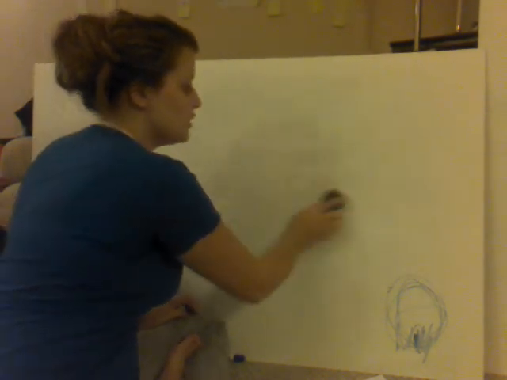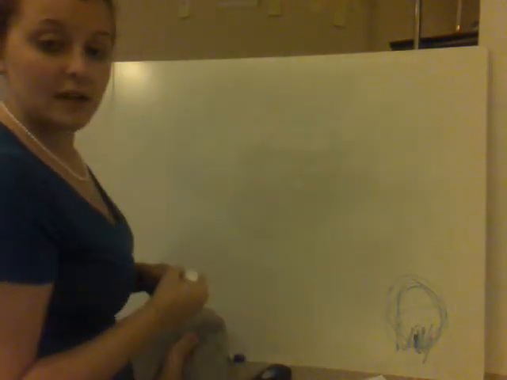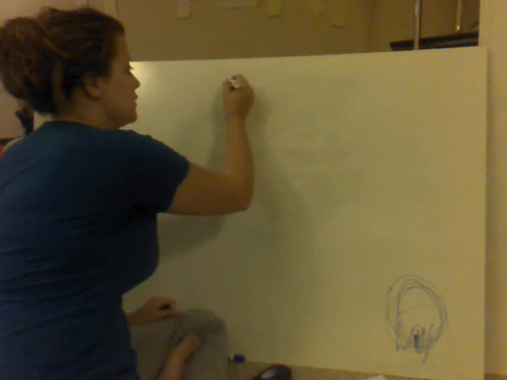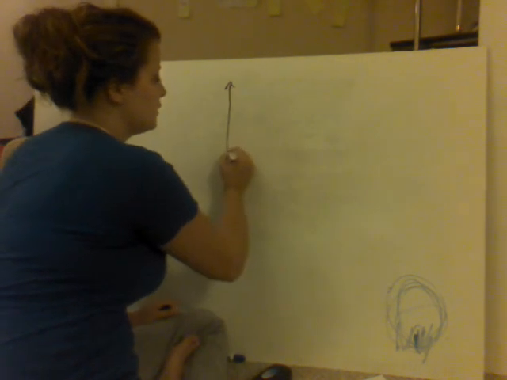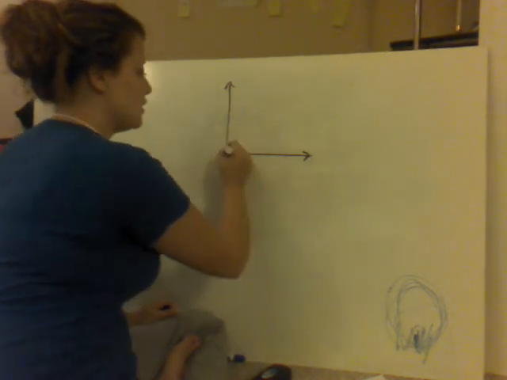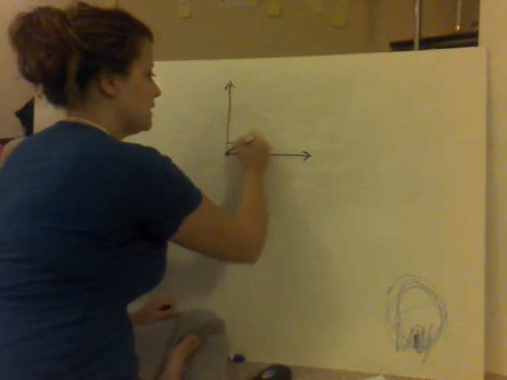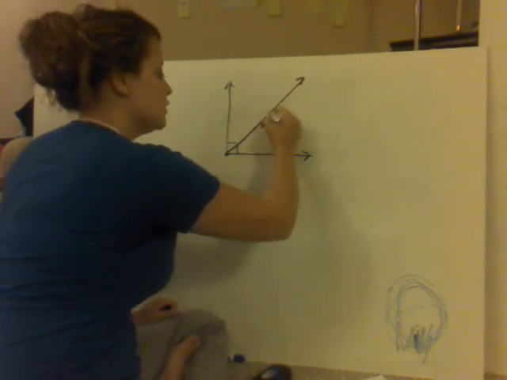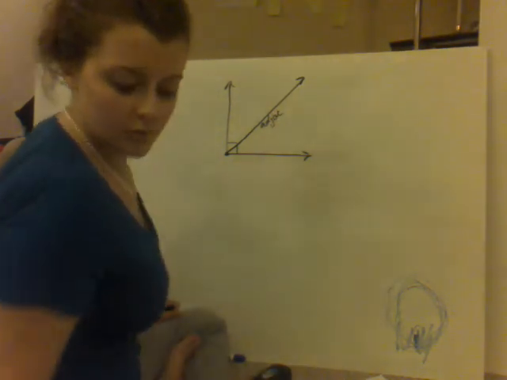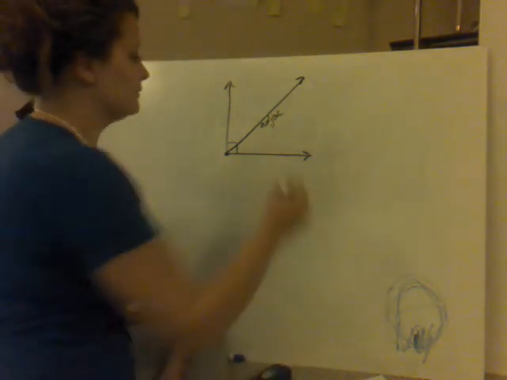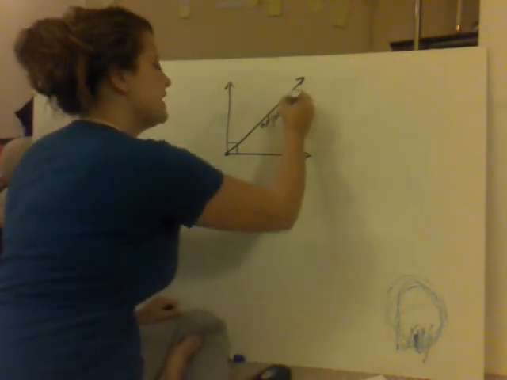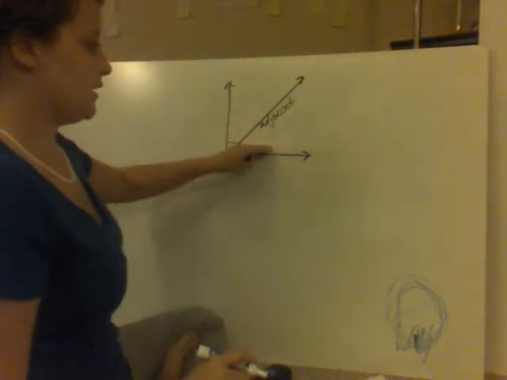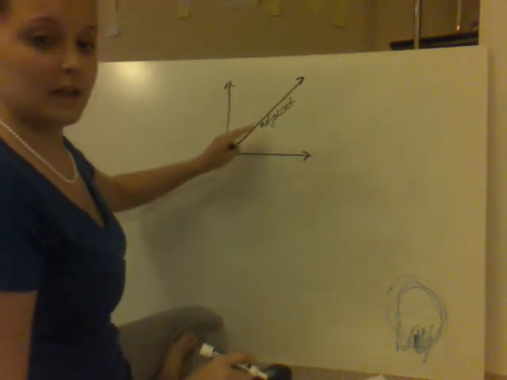We've already touched on adjacent angles, but I want to do just an adjacent angle example. We did that with bisectors. So again, we have our 90 degree here. And I'm going to take it, I'm going to bisect. And this is, again, our adjacent angles with an adjacent line.